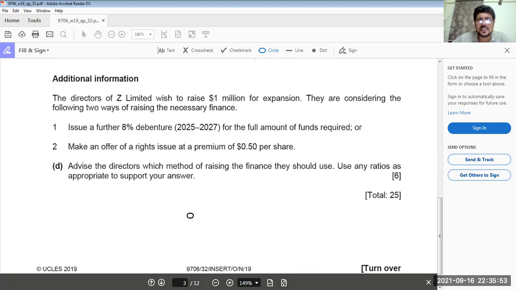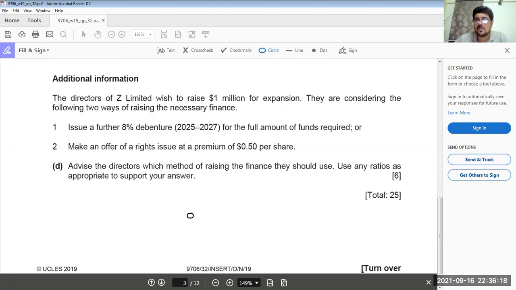Issue a further 8% debentures for the full amount of funds required, or make an offer of a right issue at a premium of $0.5 per share. Now, advise the directors which method of raising the finance they should use. Use any ratios as appropriate to support your answer.